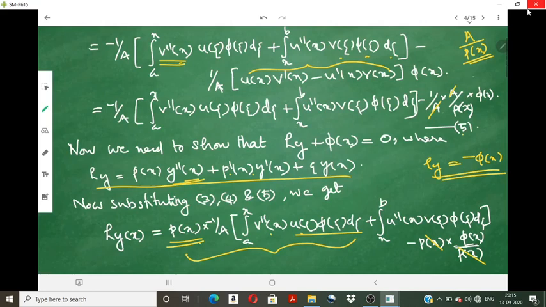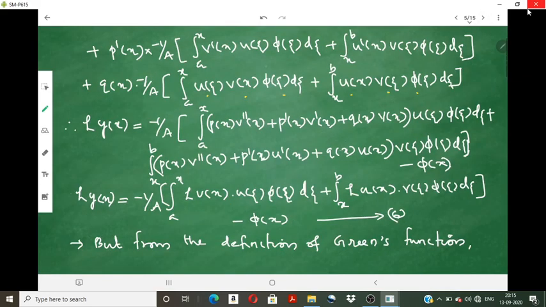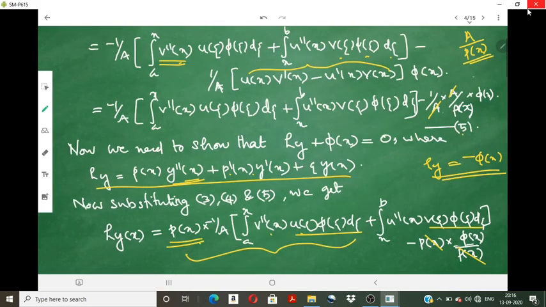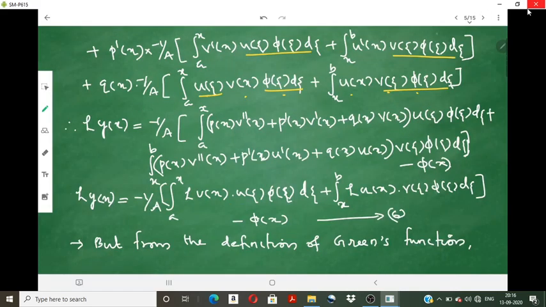So minus 1 by a p of x into v double dash of x into u theta phi theta d theta, and this term also contains u theta phi theta d theta, and in this integral also we have u theta phi theta d theta. So we can add all those integrals, and similarly when we consider integral x to b, we can add all of those also. Here it has v of theta phi theta d theta, and here also v of theta phi theta d theta. So we can combine all those integrals from x to b.